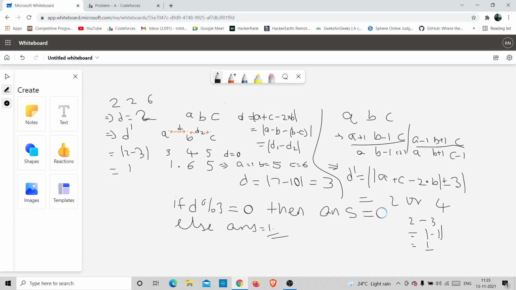But for this example, that is 1 3 5, let's say we sort them: a equal to 1, b equal to 5, c equal to 6. We'll keep them in ascending order. Then we get d as 3, like 6 plus 7 minus 10, right? So we get the answer as 3, which is divisible, right?